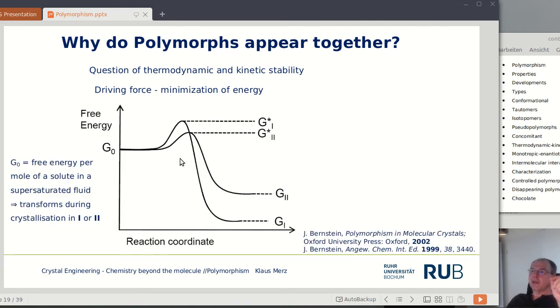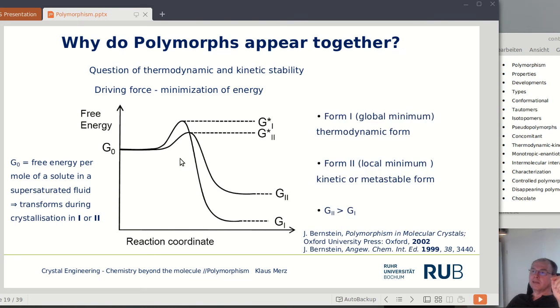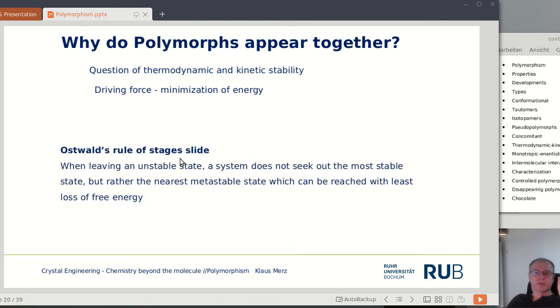And going back to this, there's a very old rule, and it fits fascinatingly well in crystal engineering. This is called Ostwald's rule. That is, when we leave an unstable system state, for example a solution, the system does not seek out the most stable form, but rather the nearest metastable state which can be reached with the least loss of free energy.